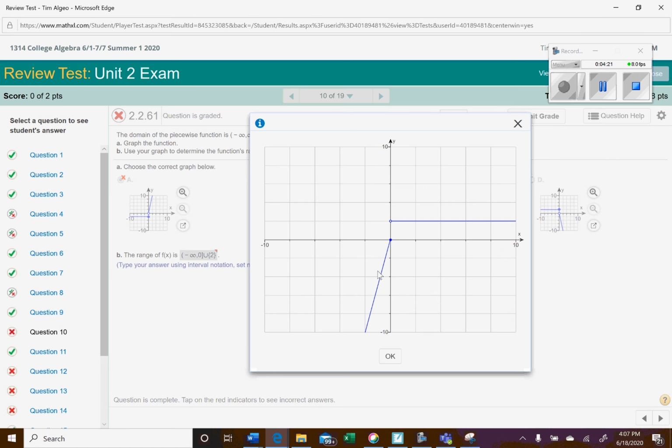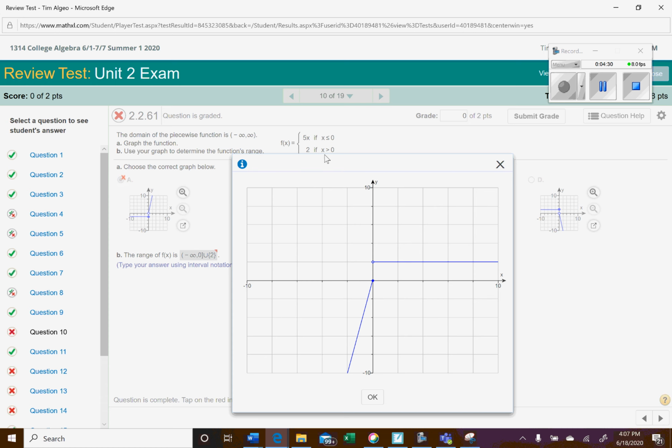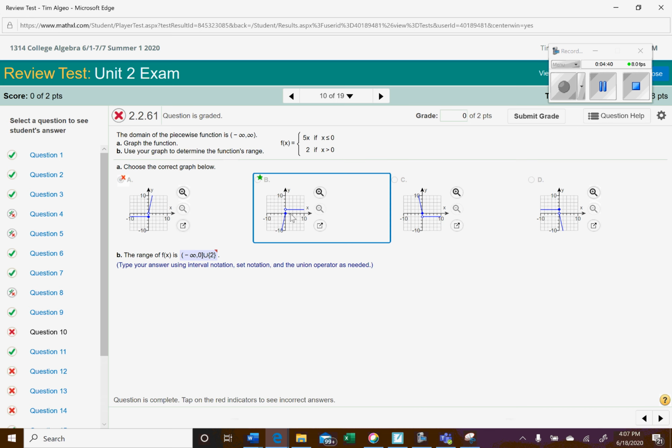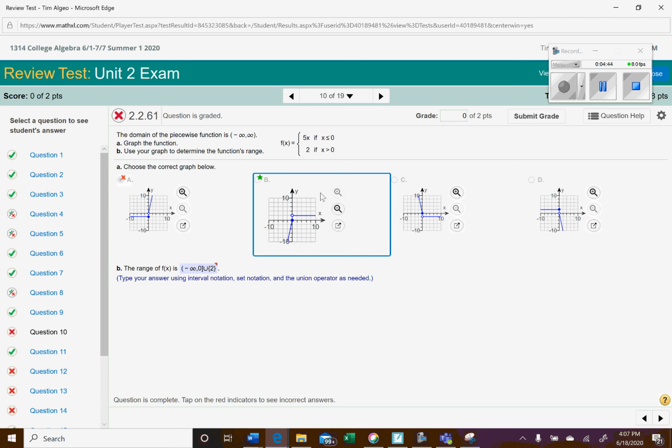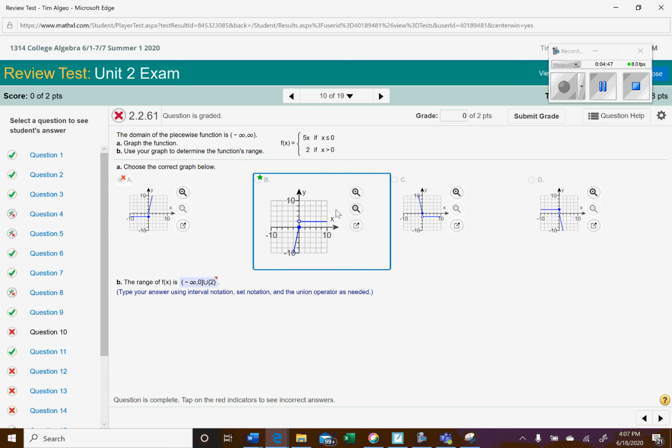For any negative x values up to and including 0, that's why it's a closed circle right there. And then the other one, if x is greater than 0, then it just is at 2 right here. So apparently the y-axis is going by factors of 2. And so sometimes it's kind of hard to see, especially on these small graphs, so enlarging it might help some to see that.